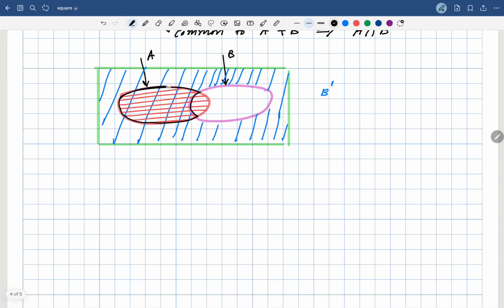That part is common. You can see the shading, common.